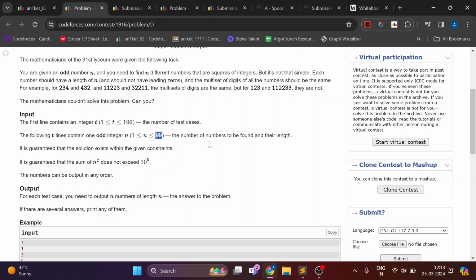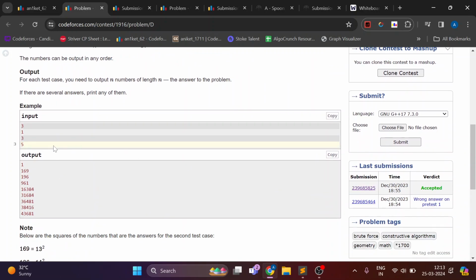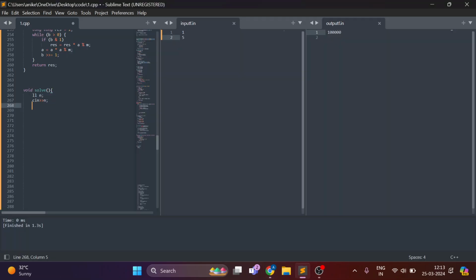There must be some type of pattern in this question which we have to identify and make general, so it can be used however we want. So first, what I did was, for 5, I tried to print all the brute force solutions which are possible.